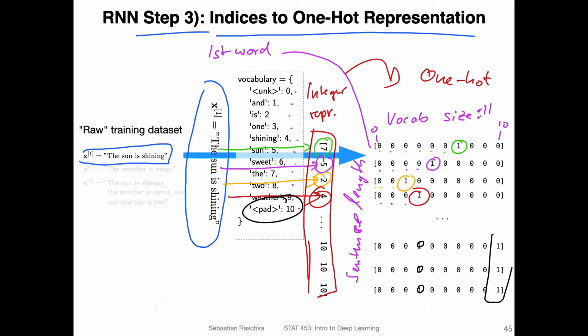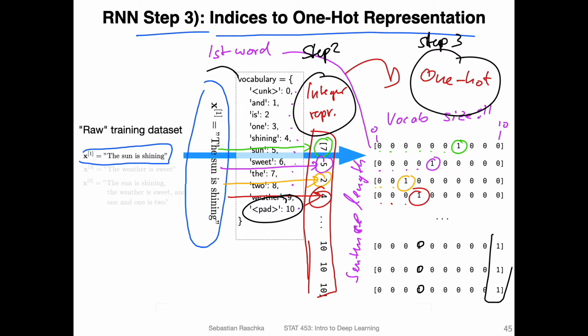Okay, we now have our one-hot representation. We have converted the text into an integer representation, and then one-hot. So this was step 2, step 3, and creating the vocabulary was step 1.